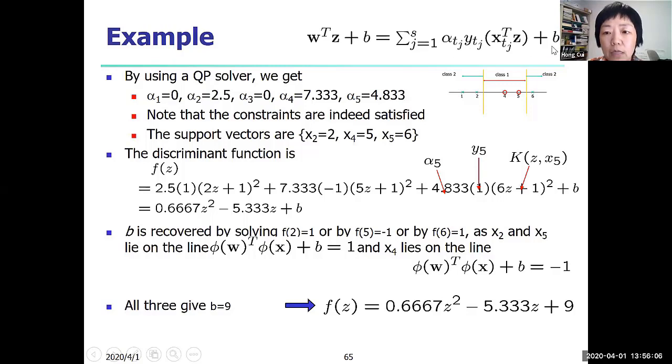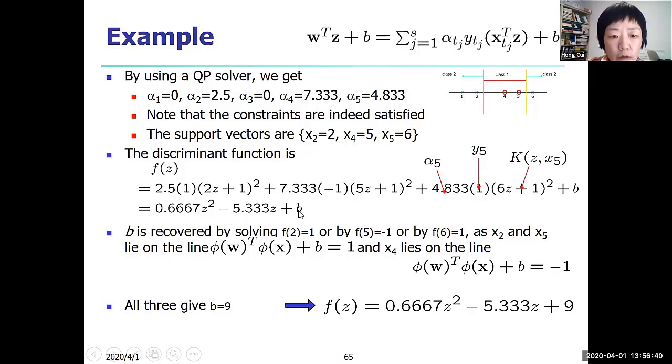And we add the b. We don't know b yet, but we can find this out quite easily. So this is our alpha 5, this is the term here. The y5 has class label of 1, some others have class label -1, so it's here. This is, again, the kernel function after we applied z with x5. So this gives us the discriminant function as such, but now we need to find out b.